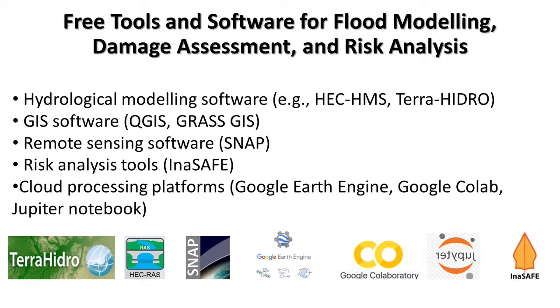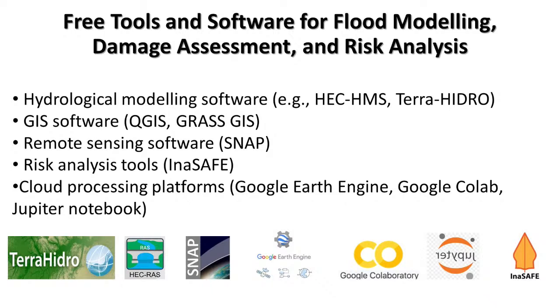These are open source software. And one thing good about QGIS is that it has plugins which are constantly being improved by developers in the geospatial community. So it is also another tool that can be used to develop flood models, leveraging the plugins that are constantly being developed and introduced within the QGIS platform.